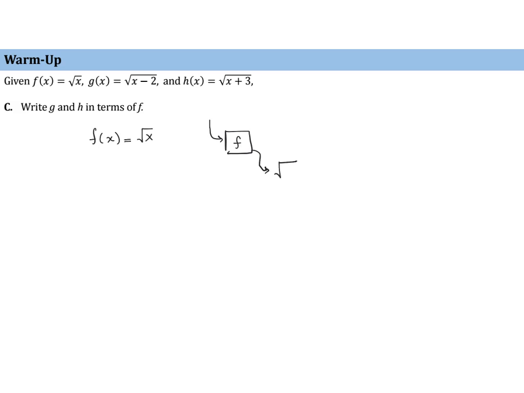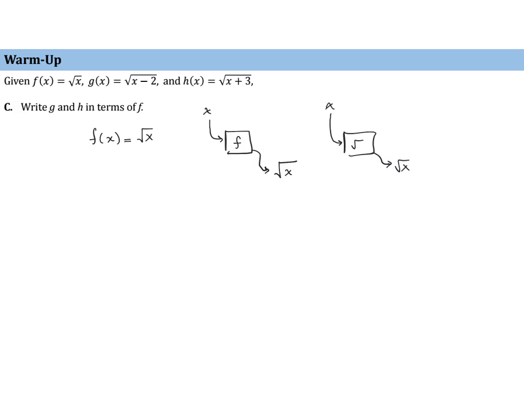So if we put x into f, we get out the square root. That is the same thing as if we just wrote the square root there. So put in x, and that function tells you to take the square root of it.